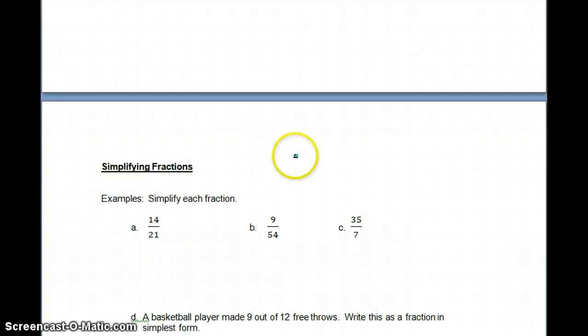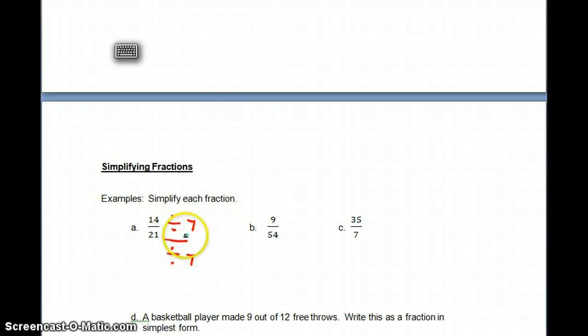So when you look at a fraction, you can tell whether or not it is in simplest form by looking to see if there is any number that can be divided out of both the numerator and the denominator. For example, in letter A, when you look at 14/21, we can divide out a 7 from both the numerator and the denominator.